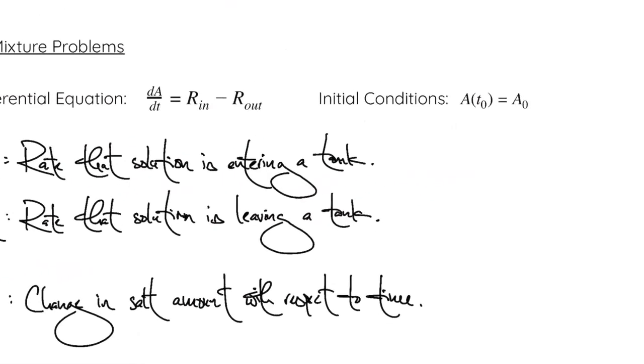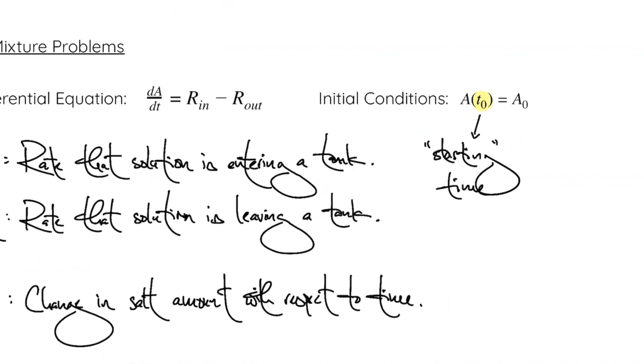Now we've got some initial conditions here. We're going to have A be the amount of salt, and at t equals or t sub 0, that's going to be our quote unquote starting time. And that might be at t equals 0, or maybe we choose another starting point depending on the information.